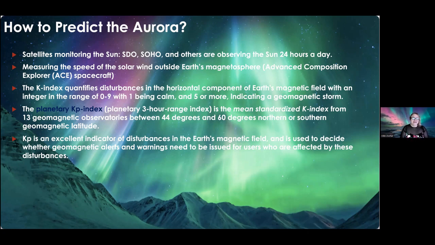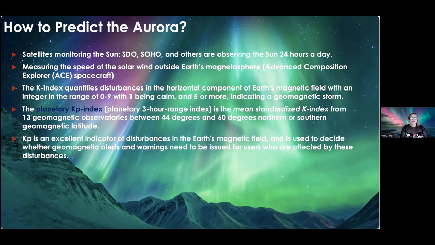This is basically a planetary 3-hour range index, the mean standardized K index from 13 geomagnetic observatories between 44 and 60 degrees northern or southern geomagnetic latitude. But I also know there is one in Fairbanks, so it's pretty high latitude.